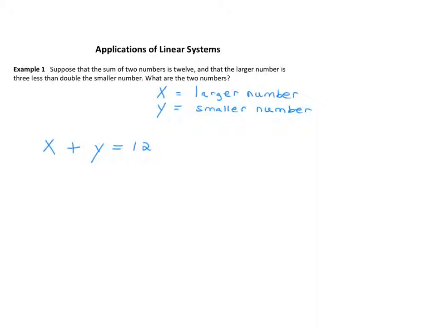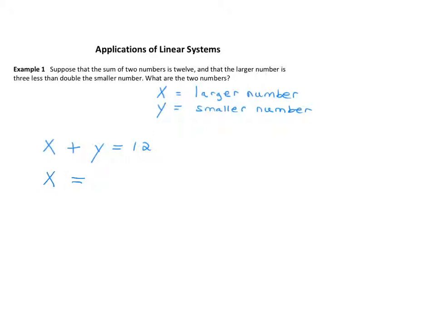The second part of the sentence is the larger number, which is x, is 3 less than double the smaller number. So for this equation, I have the larger number, that's x, is, which represents my equal sign, and then I have 3 less than double the smaller number.